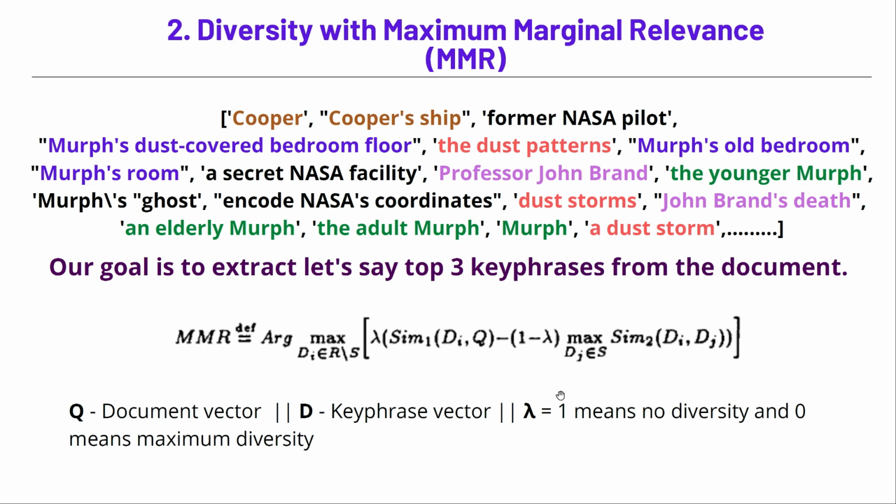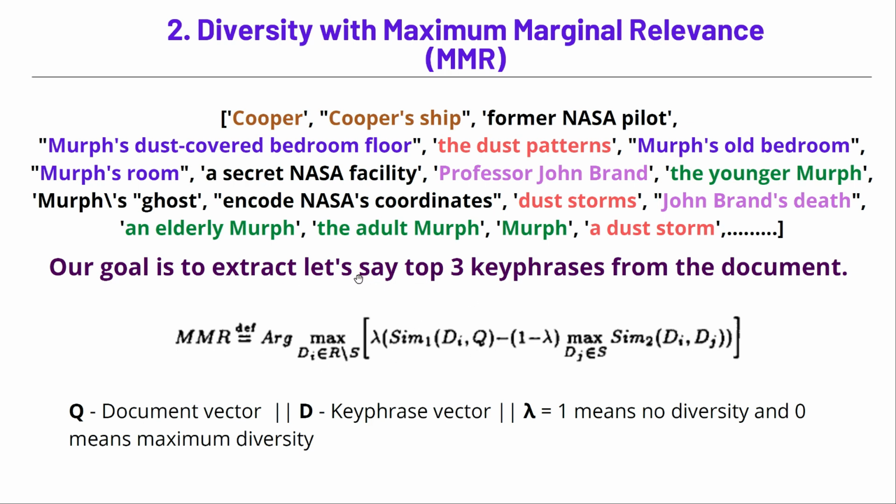So you can vary lambda between 0 and 1 and get that fine level of control over how much you want the key phrases to differ from each other and how much you want them to be similar to the original document. In order to understand this equation, let's first assume that lambda is equal to 1. So when lambda is equal to 1, this becomes 1 and this whole thing becomes 0. MMR is an iterative algorithm.